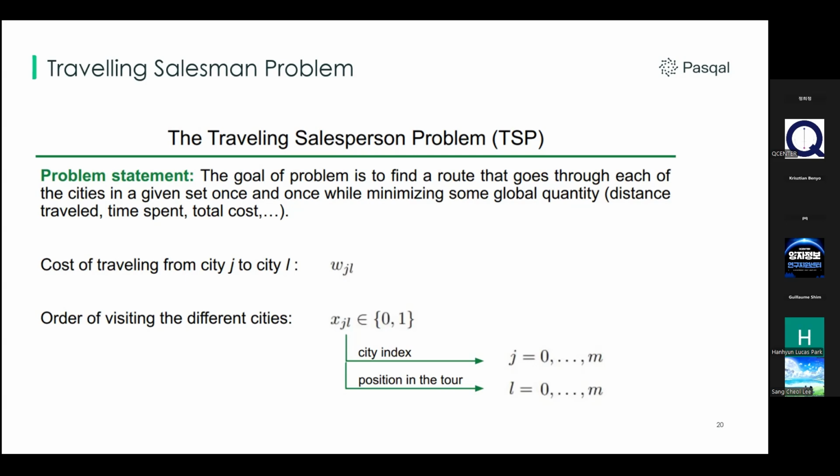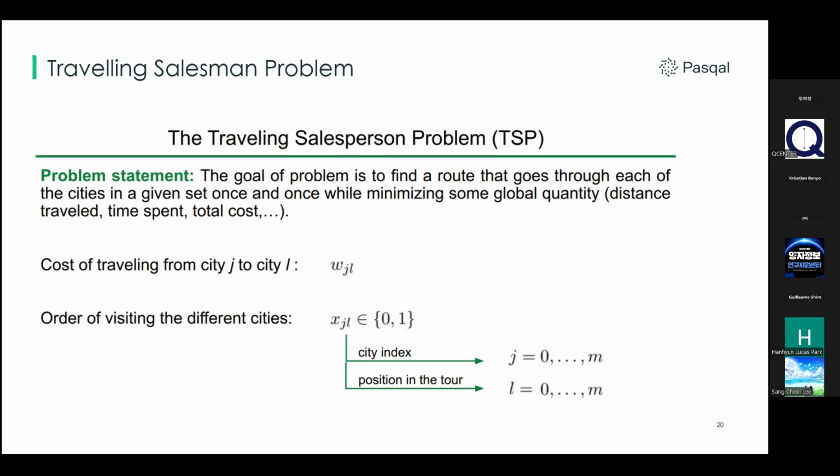So for the optimization version of the traveling salesman problem, your variables are these city indicators that have two indexes that indicate at what point in your itinerary you are visiting which city exactly. If it has a value of one at a specific double index, it means that at that specific position, you are at that specific city.